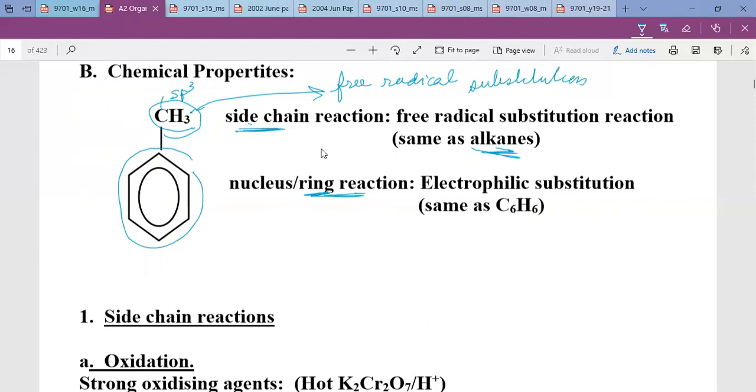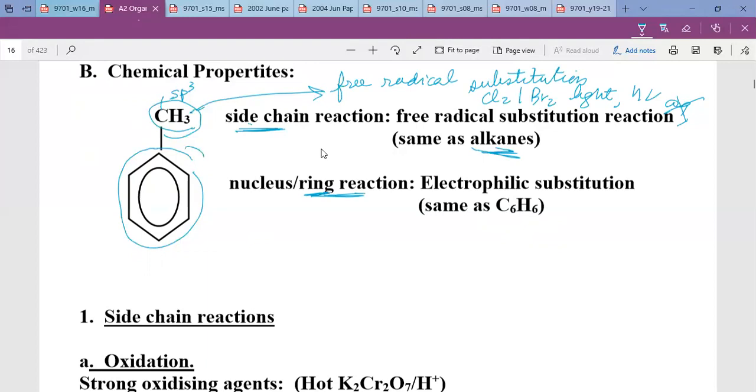The main one, of course, is with Cl2 or Br2. Now you must put light, or hv. Never put aqueous, it will be wrong, you lose marks. So this one is very common.